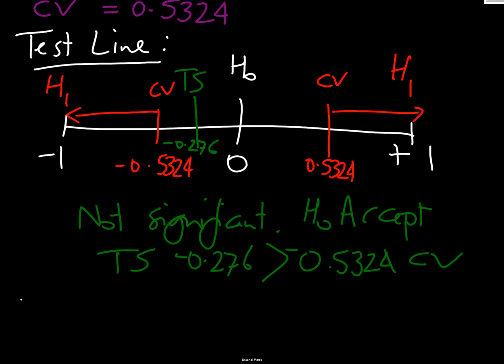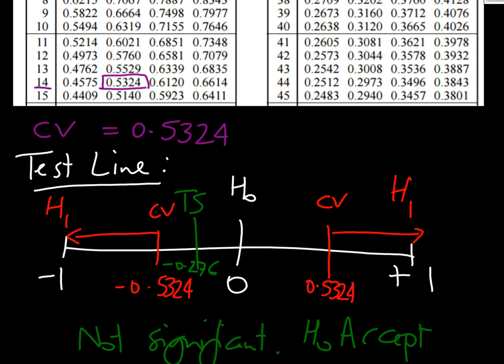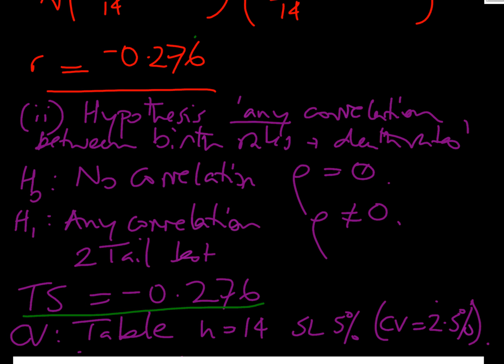And then we're going to write our context statement that there's insufficient evidence to conclude that there is, and what did they ask us up the top? Let's go back and reuse the wording as they asked us.